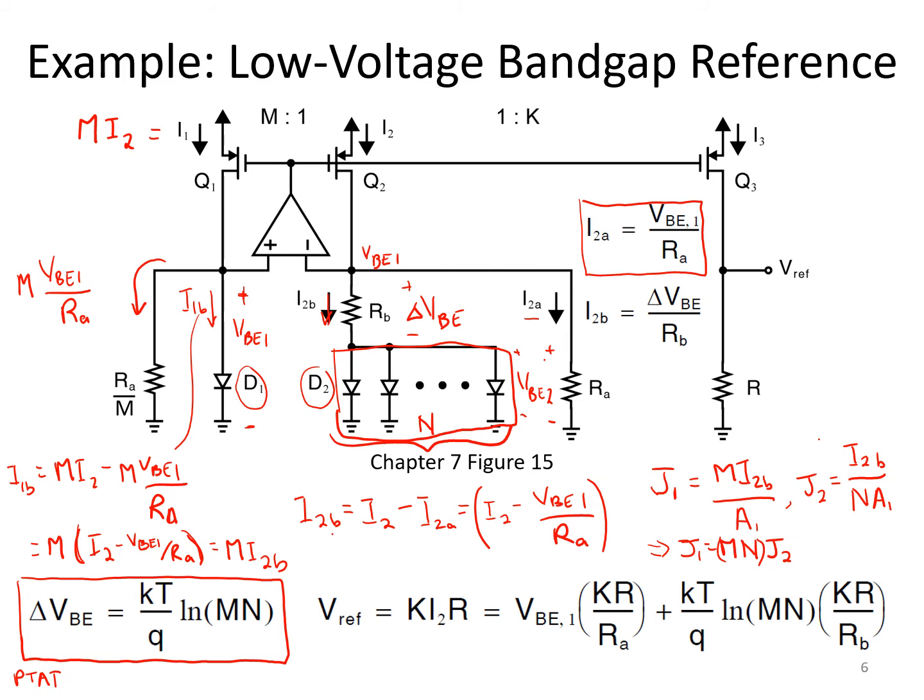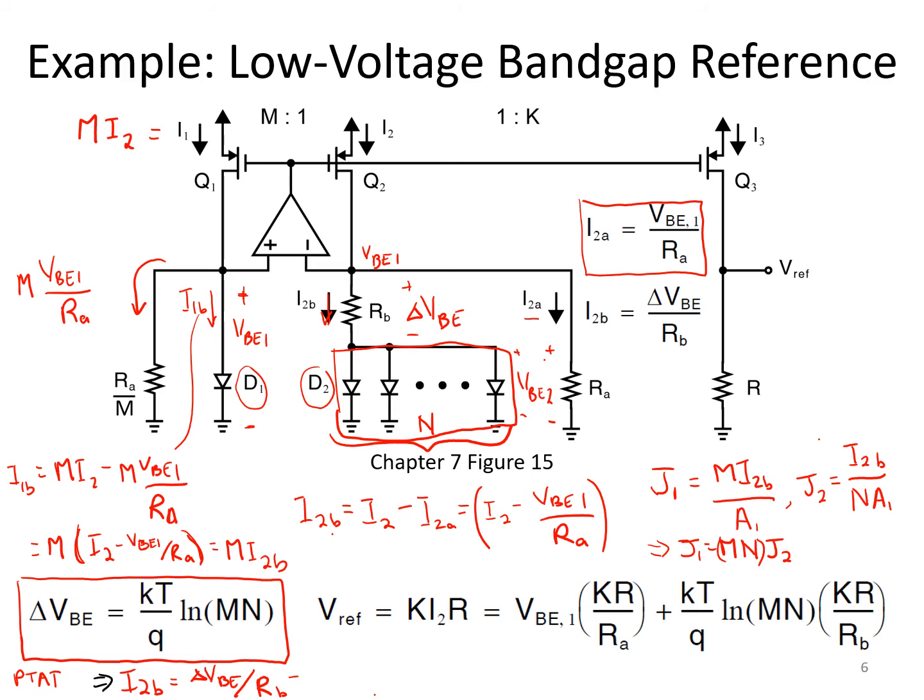Now that delta VBE is turned into the current I2B by the resistor RB. So I2B is itself a PTAT current, a current that is proportional to absolute temperature.